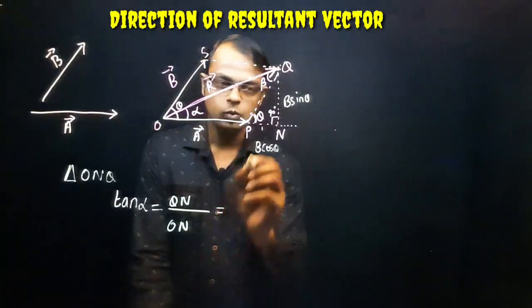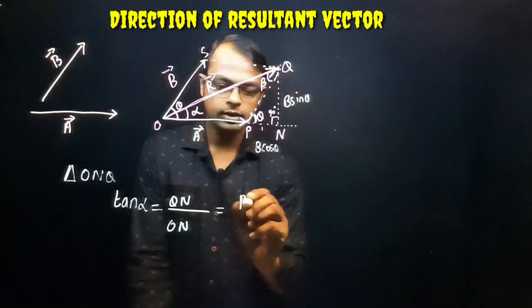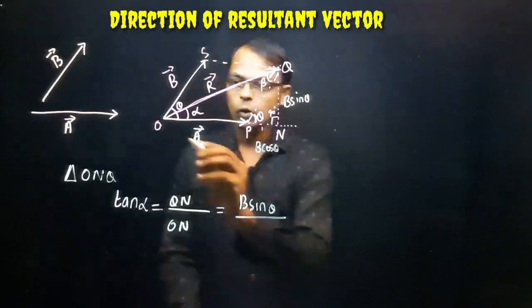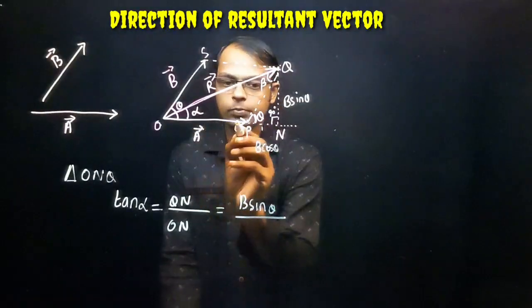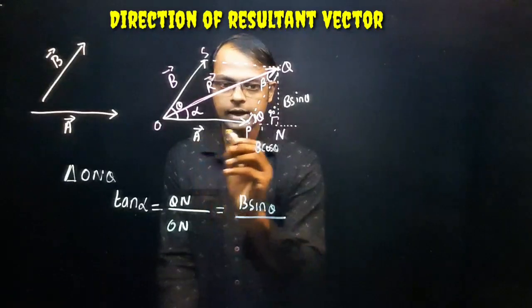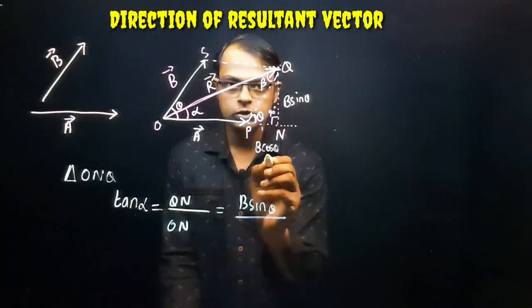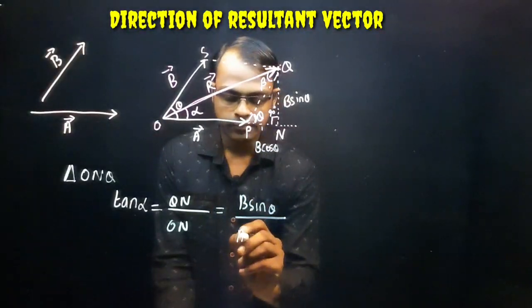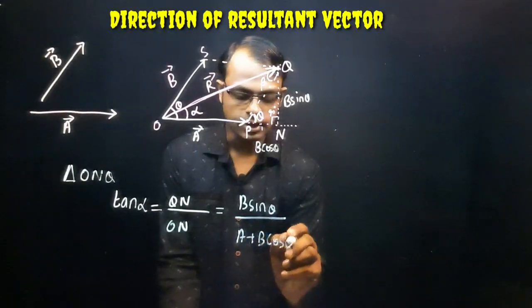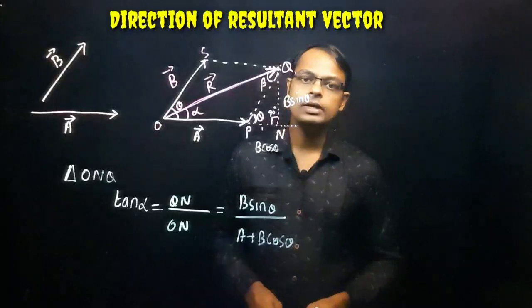That is equal to, what is QN? QN is equal to B sine theta divided by ON, which is equal to OP plus PN. OP is equal to what? A. The magnitude is A. What is PN? PN is equal to B cos theta. So what can we write here? A plus B cos theta.